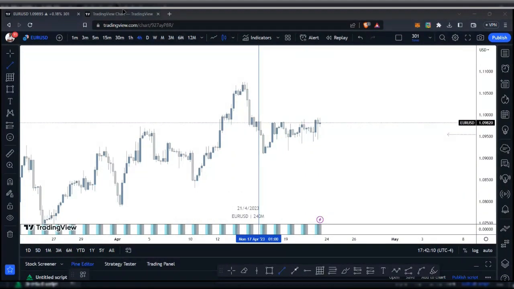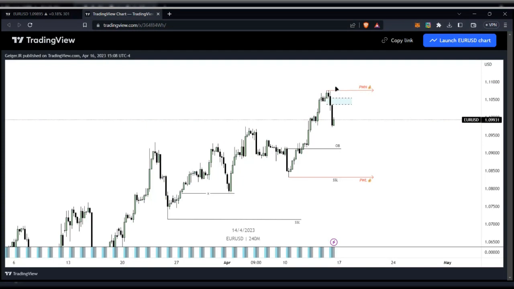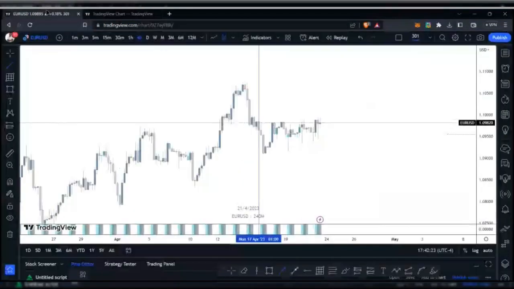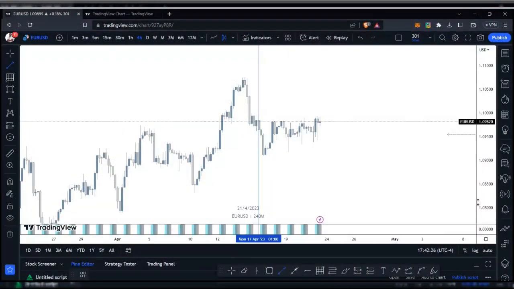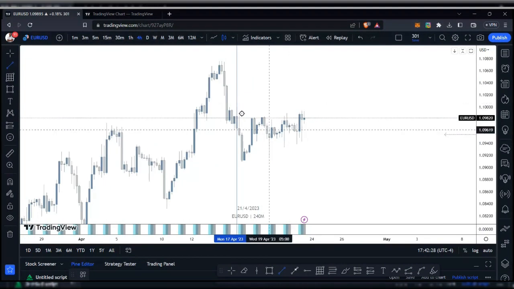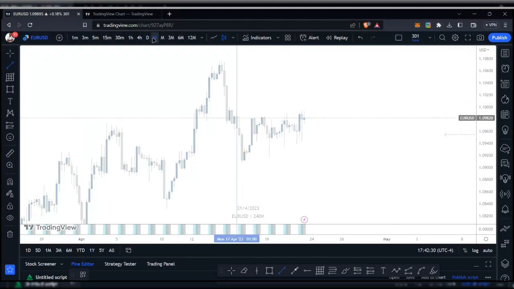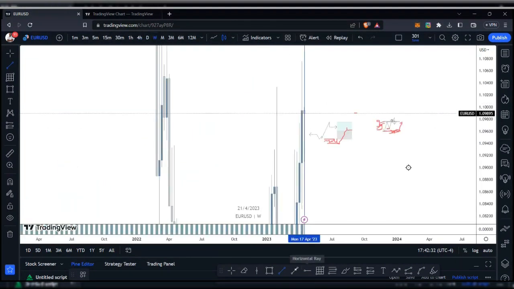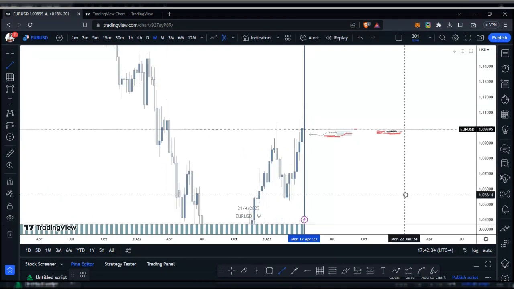Alright, so looking at last week, we had this previous week's high. Remember, you're marking that out. We have this previous week's low. In fact, I want to use this one instead so that I can mark out all of what I've been saying. So we start from the weekly. You're on your chart, you start from the weekly time frame.